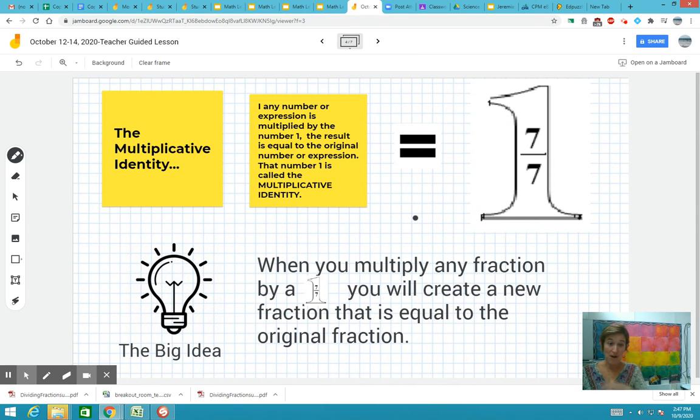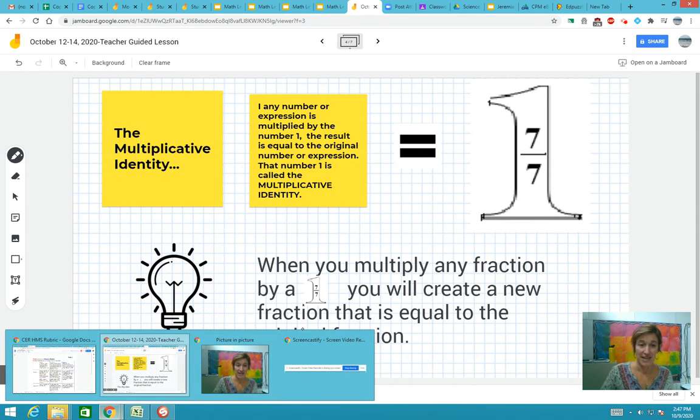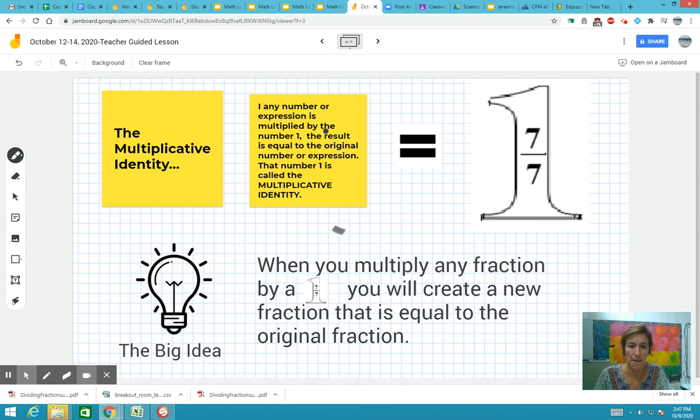So the multiplicative identity means any number or expression multiplied by the number 1, the result is going to be equal to the original number or expression that 1 is multiplied by. That is called the multiplicative identity. That was a lot. That was like word salad. So let's go over it one more time.